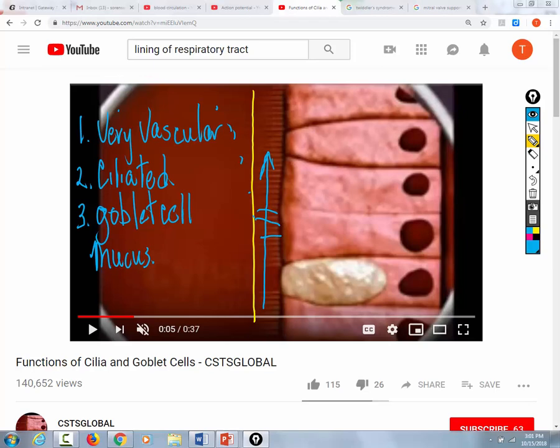Now, smoking cigarettes paralyzes cilia. It doesn't destroy them, it paralyzes them. So when people have smoked for a long period of time, they have to kind of clear their lungs, and they do that by coughing. Now, some people, once they stop smoking, will actually cough more than they did before.